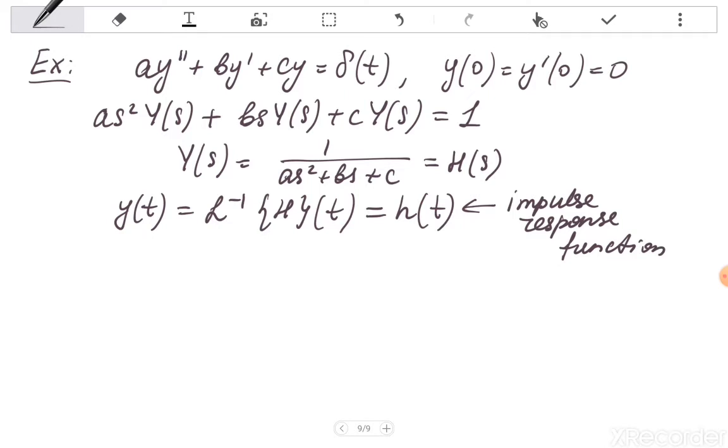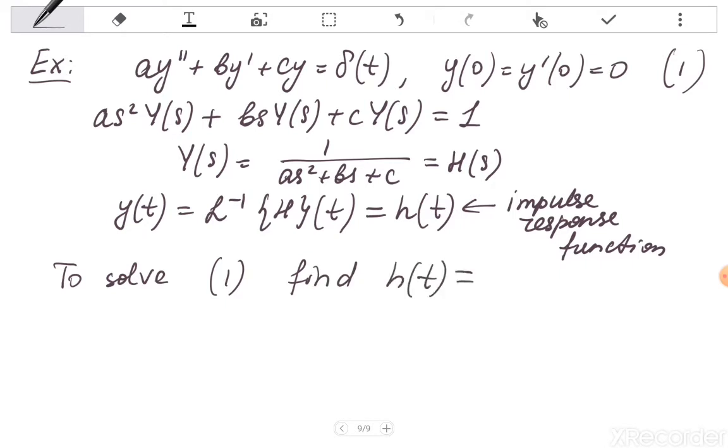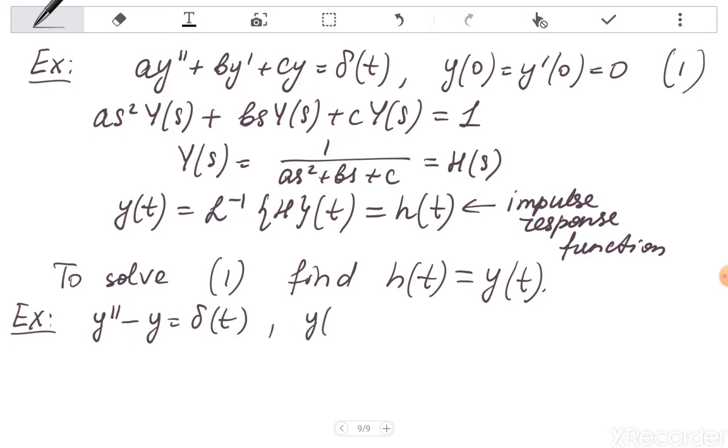So to solve a problem like this, find the impulse response function h of t, which will be a solution of this equation. For example, let's solve, for example, the initial value problem like this.